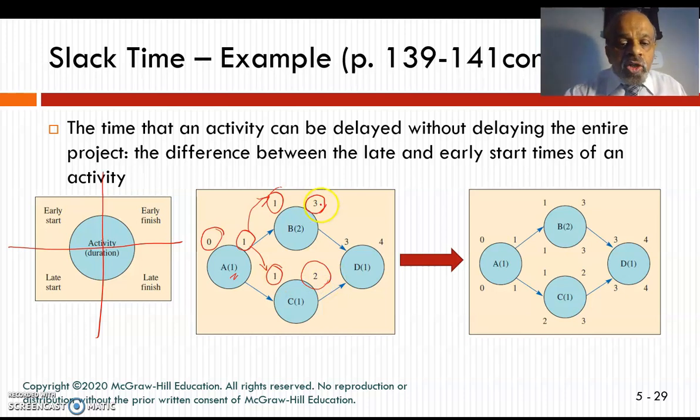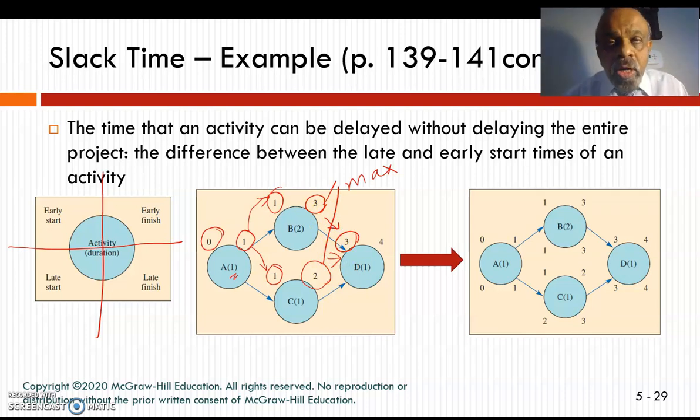My early finish of B is going to be my early start of D. I'm going to determine this as what is the maximum. I'm going to find the maximum of these two because these two are merging to become the next activity.